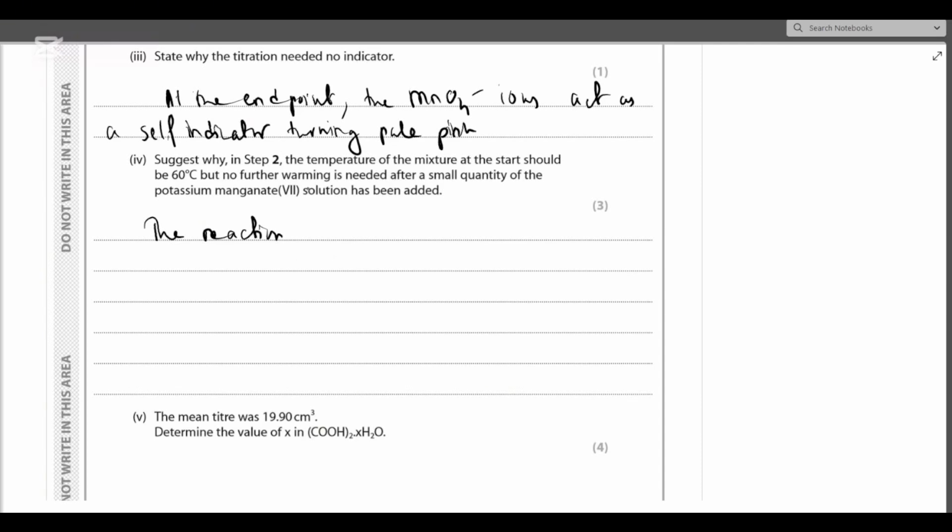That is the sole reason why at the start of the reaction, if we provide higher temperatures, the activation energy will be met and the reaction can be initiated. So we can say that the reaction has a high activation energy at room temperature, which is about 25 degrees Celsius, right?